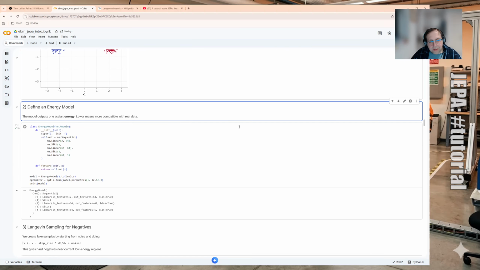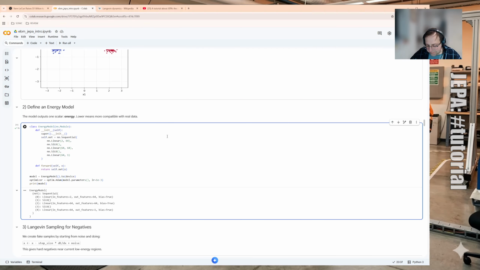And so what you do next, you define an energy model, which is an approximator. So you have a neural network of essentially 3 layers. And these layers tell you how likely is an input to belong, so how likely is X when you feed it forward, you get a scalar number.